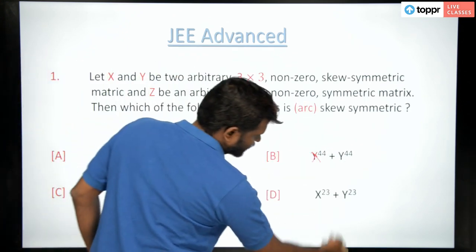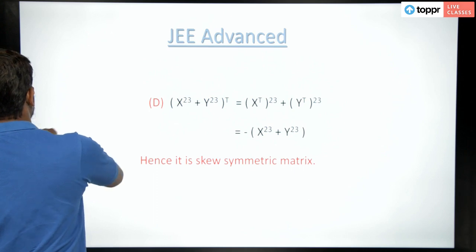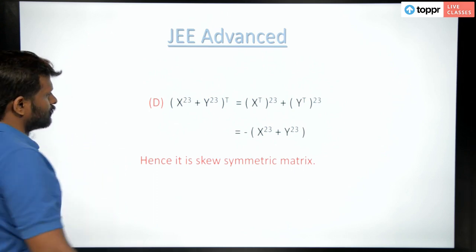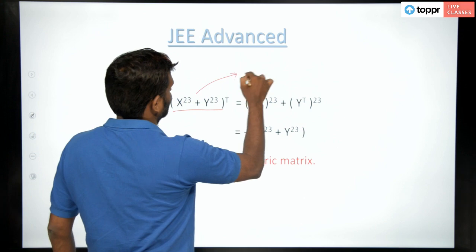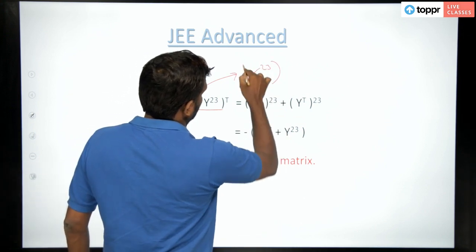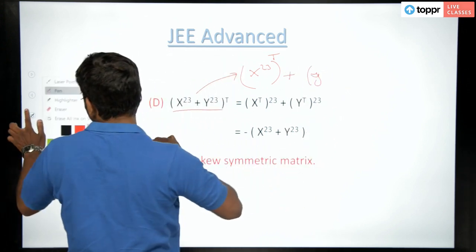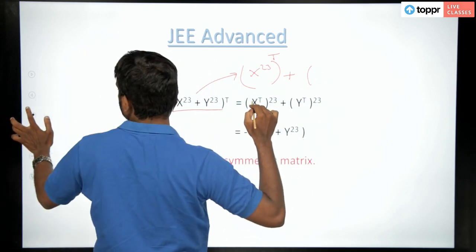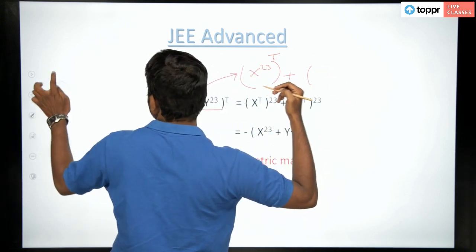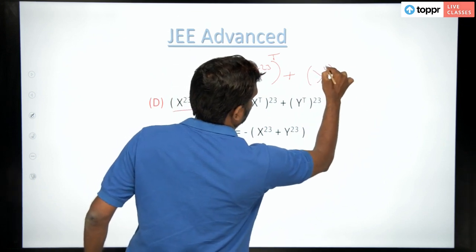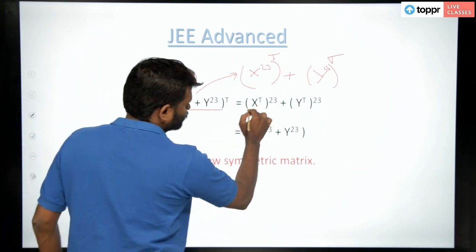Now, the fourth option is x power 23 plus y power 23. So, again using the rule, we can write the transpose to both of them, like you can write it as x power 23 transpose plus transpose of y power 23, and then using the rules of exponents you can bring the transpose inside.